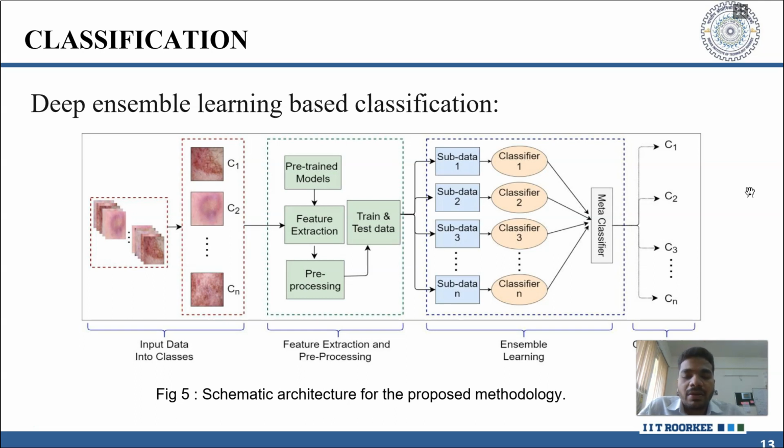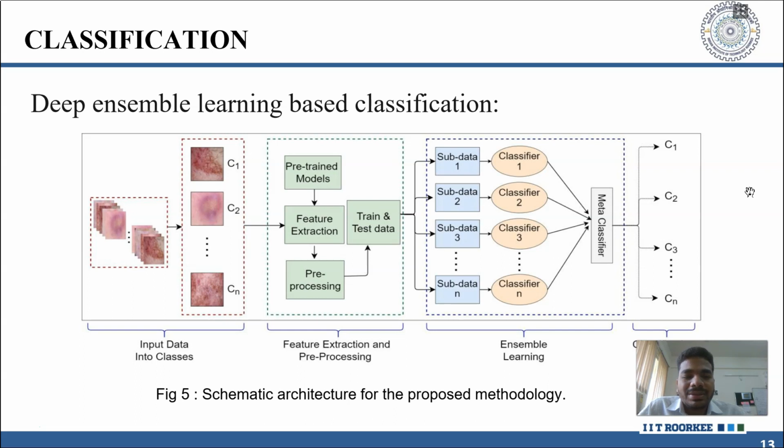After division, the data is given to different sub base models, base classifiers, as subdata 1, subdata 2, subdata 3, and the results will be combined based on some criteria.